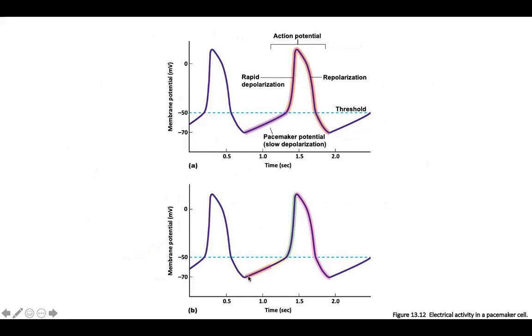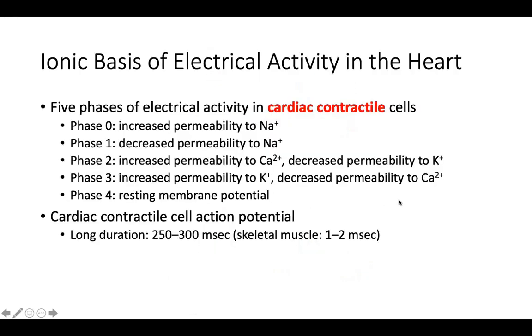So that's these two spots on the graph here. Then we have the rapid upstroke, which is our fast calcium channels. Then we have repolarization, which is the opening up of potassium channels. We know potassium has an electrochemical driving force to move out of the cell. And so as all that positive charge leaves the cell, we now see the membrane potential go all the way back down to -70. Okay.